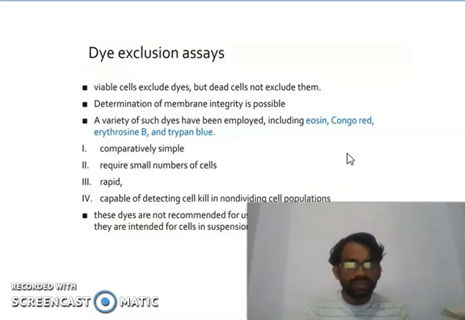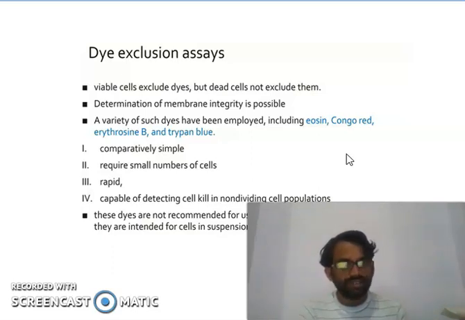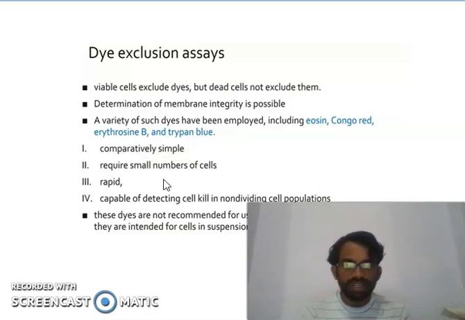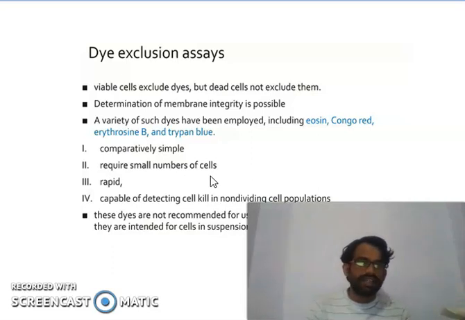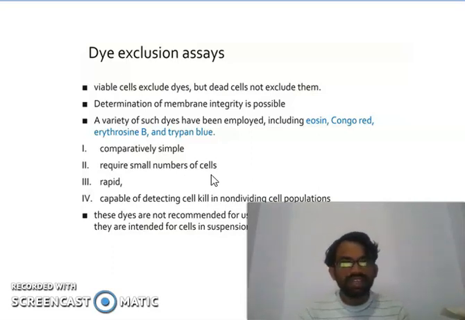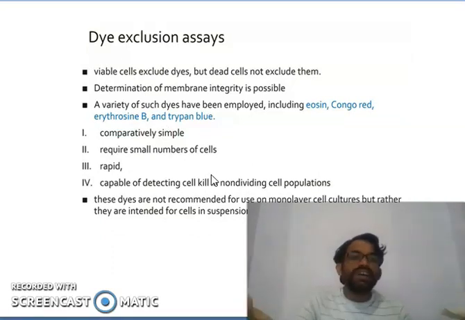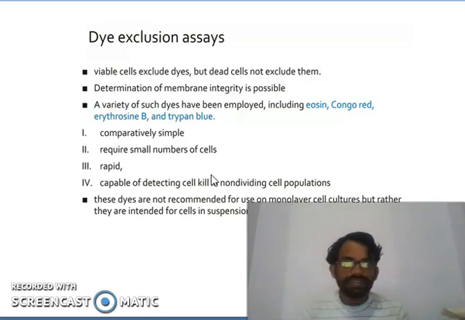Viable cells exclude dyes, but dead cells do not exclude them, so determination of membrane integrity is possible. A variety of such dyes have been employed, such as Congo red, Erythrosin B and Trypan blue. It is comparatively very simple, requires a small number of cells, and is rapid. This is one of the dye exclusion assays for finding cytotoxicity.